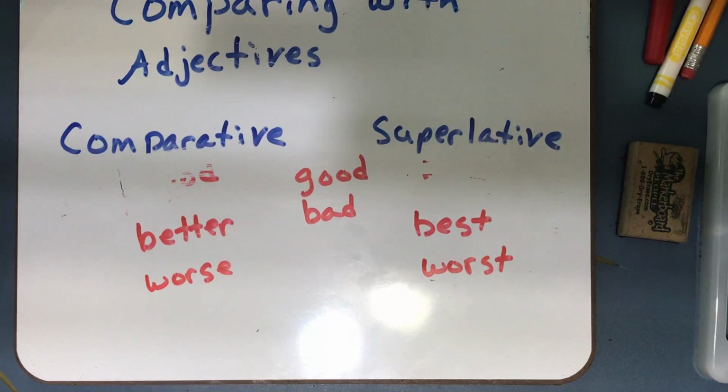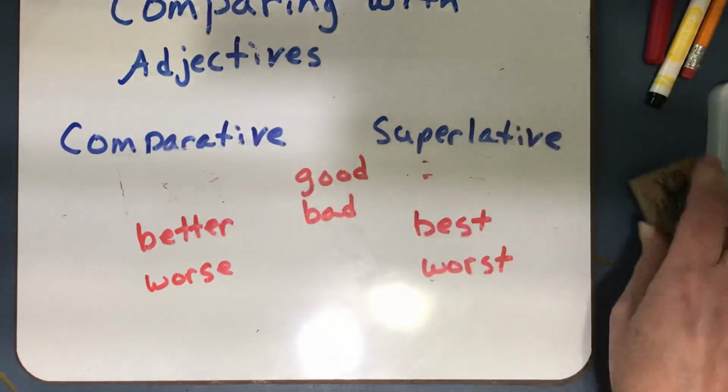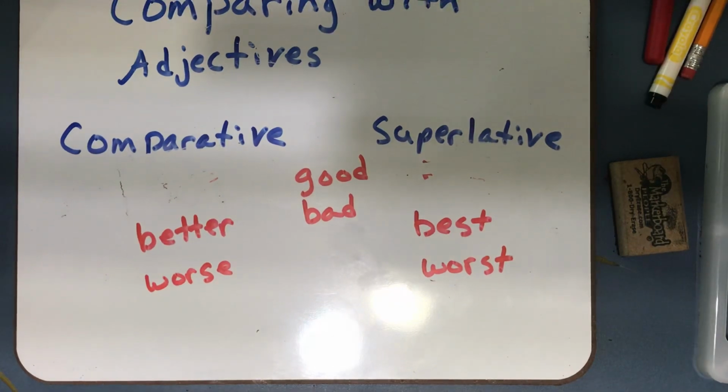So for better, we would compare two things. I almost always think that a book is better than a movie. Okay, and for best, I could say that was the best book that I have ever read, or that ice cream was the best dessert I've ever had.